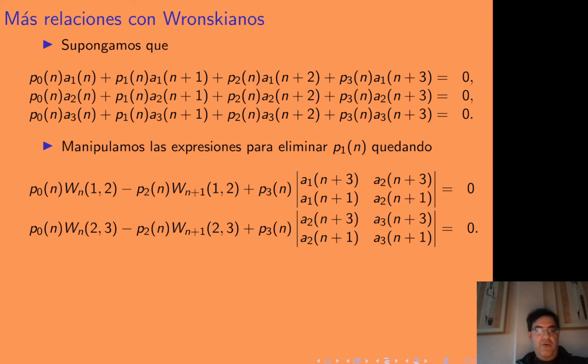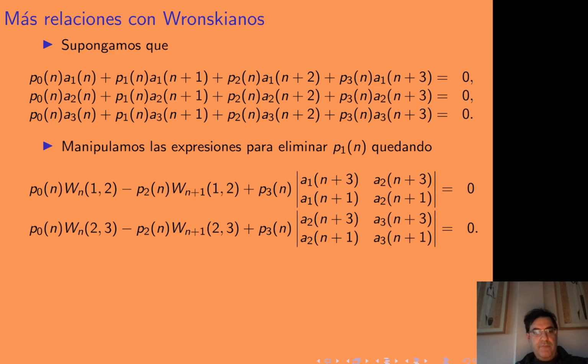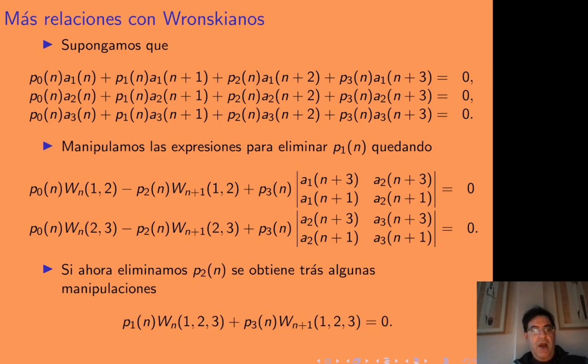Now you guess that this index means the first element of the first n that you need to consider in your Wronskian. And then P3, in this case you have n plus 3 terms and n plus 1, then you need to have these determinants, right? This is not a Wronskian, it's something more sophisticated, but it doesn't matter, because now what you want to eliminate is P2, and when you do it, lucky you obtain some expression like this.